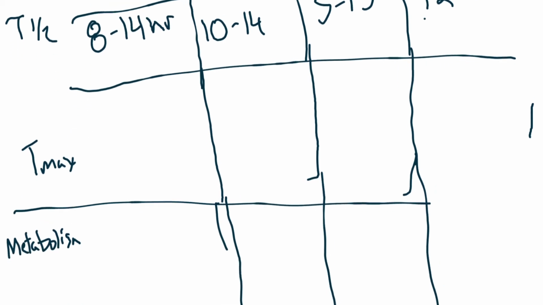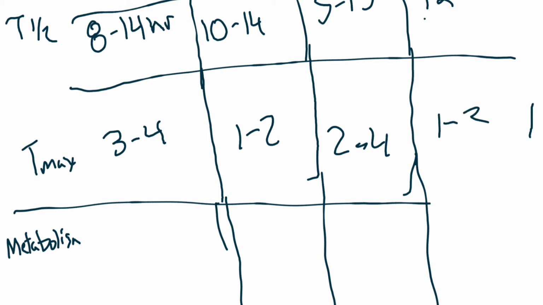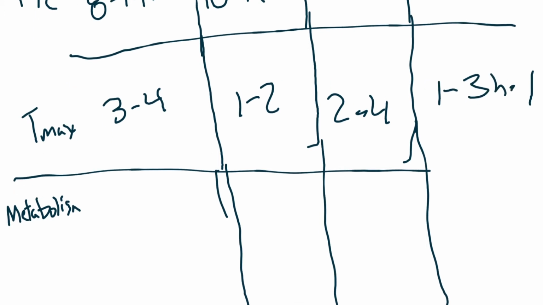The max effect for apixaban is 3 to 4 hours. For edoxaban is 1 to 2 hours, and for rivaroxaban 2 to 4 hours, and then for dabigatran is 1 to 3 hours. Apixaban is the least renally metabolized at 27%. The rest is hepatic, so 73% hepatic.